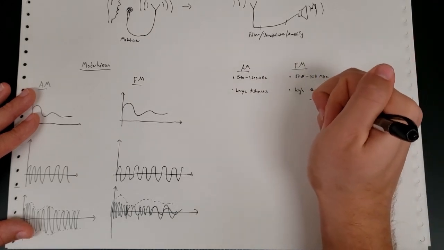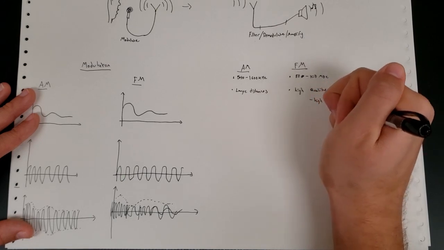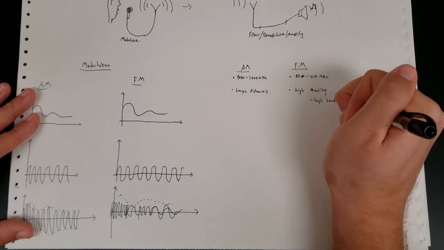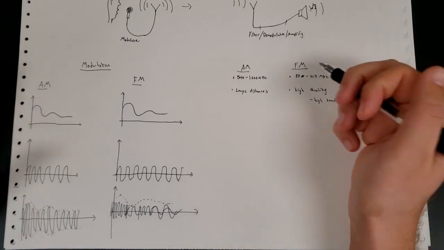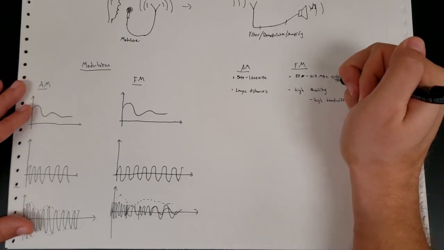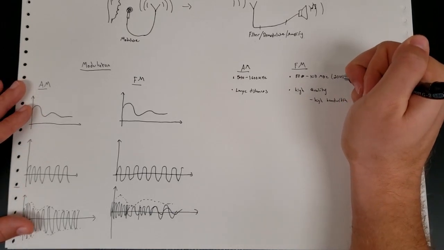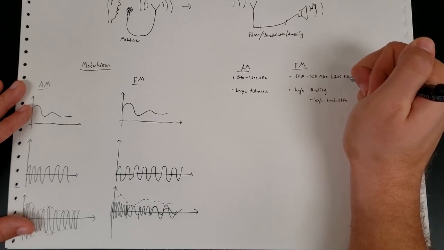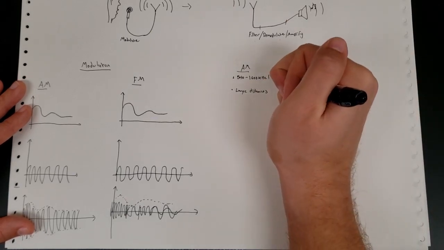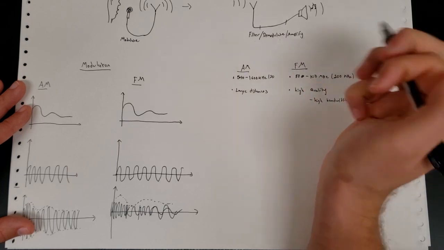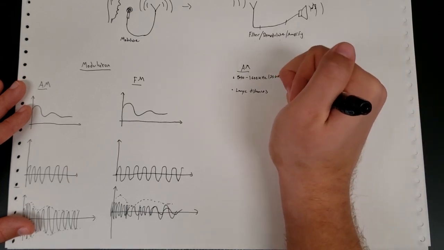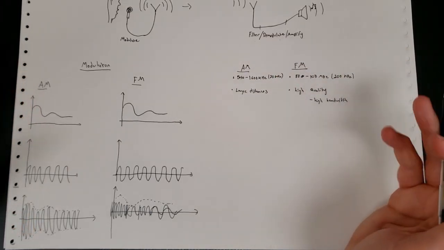First is the fact that it has, again, that high bandwidth, meaning there's much more space between stations, right? The bandwidth here is on the order of 200-ish kilohertz, and the bandwidth over here is on the order of 20 kilohertz, which again, the bandwidth is just the space that you need between each station.